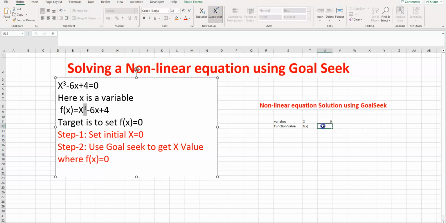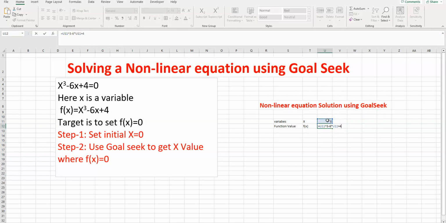Now I am using the formula: equal to x cubed, that is this cell cubed, then minus 6 into the x value again, this one, then plus 4.